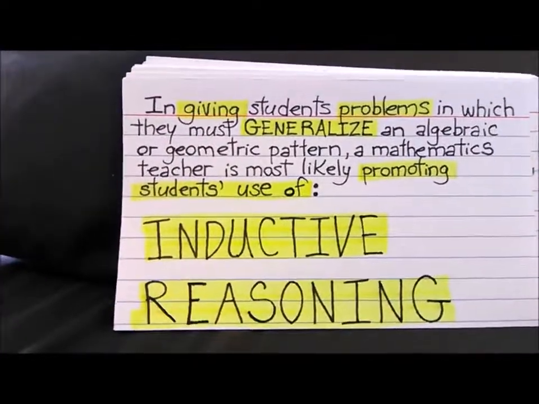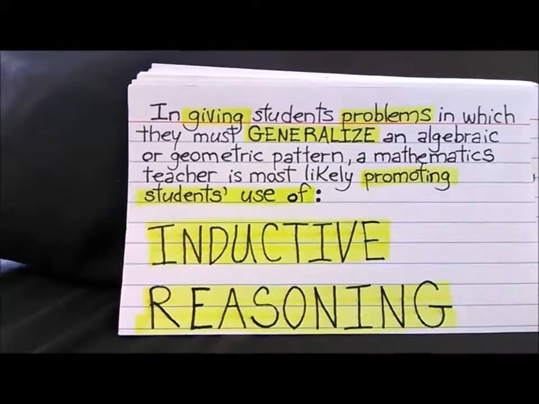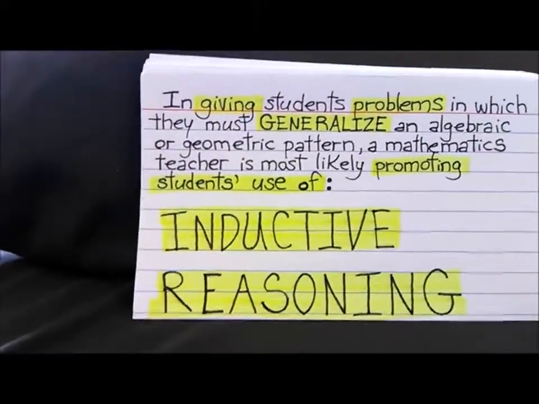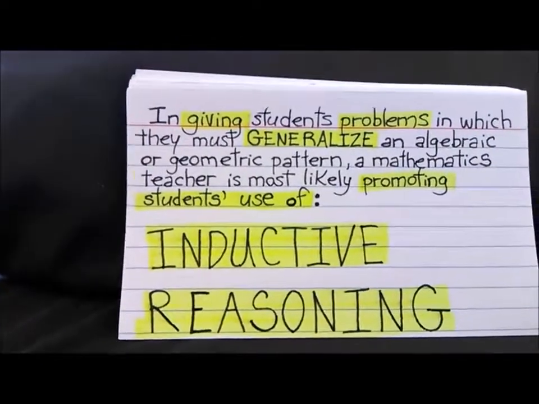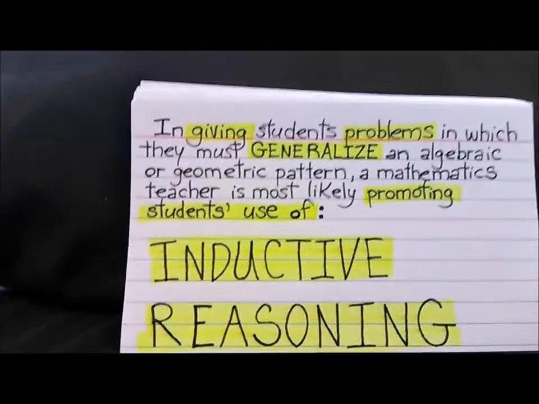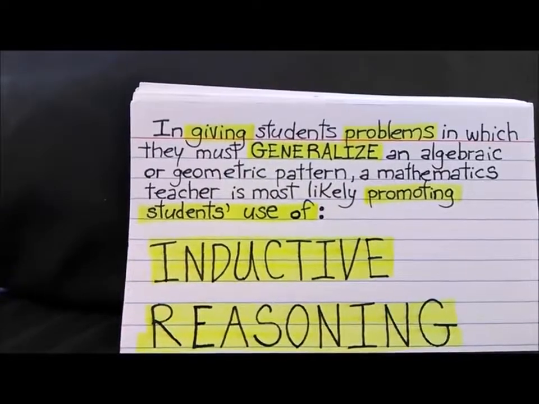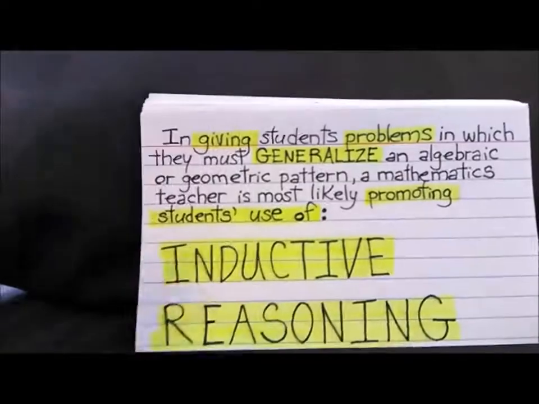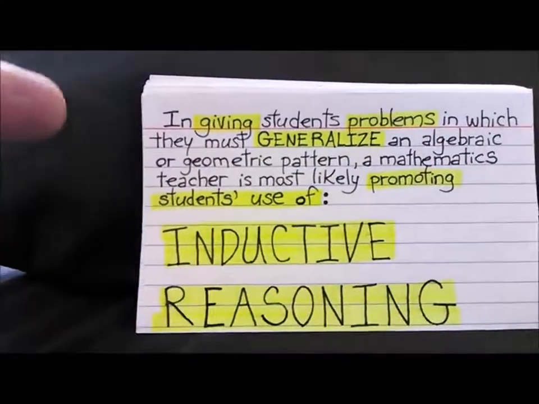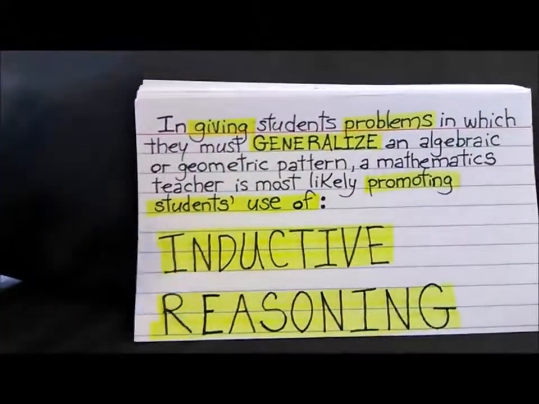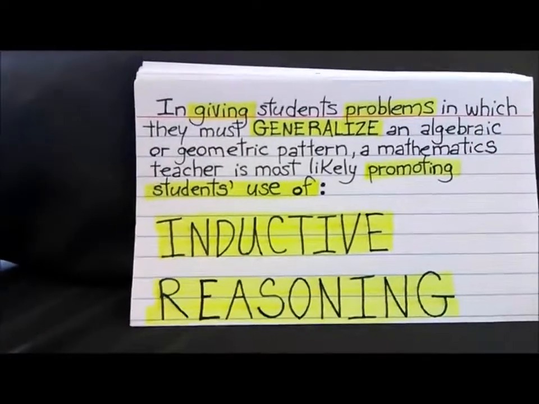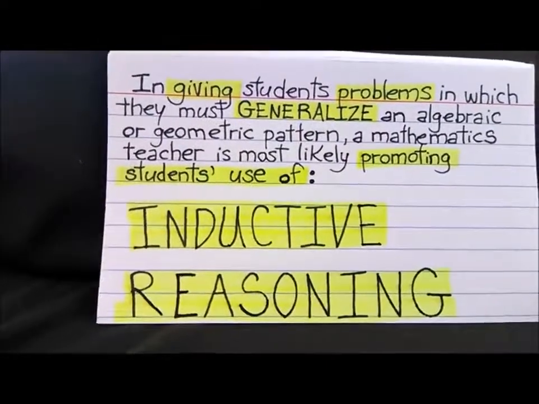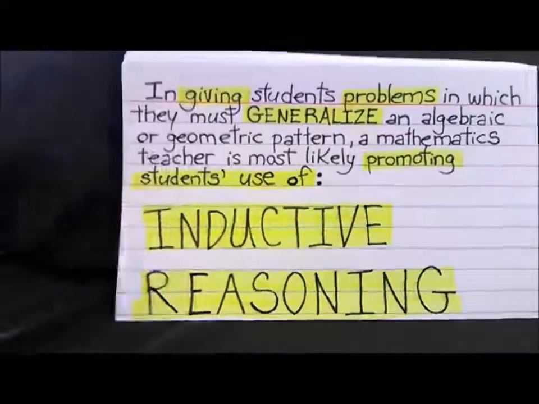In giving students problems in which they must generalize an algebraic or geometric pattern, a mathematics teacher is most likely promoting students' use of inductive reasoning. So, when you give students problems in which they must generalize an algebraic or geometric pattern, the mathematics teacher is likely promoting the use of inductive reasoning.